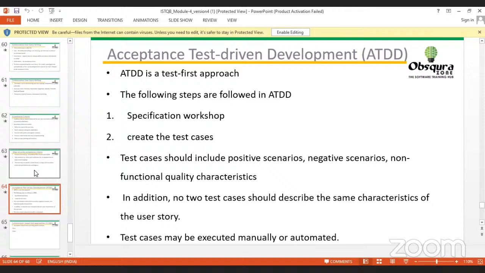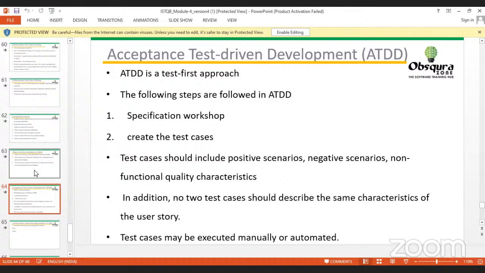They transfer domain knowledge with each other and come to a shared and common understanding.